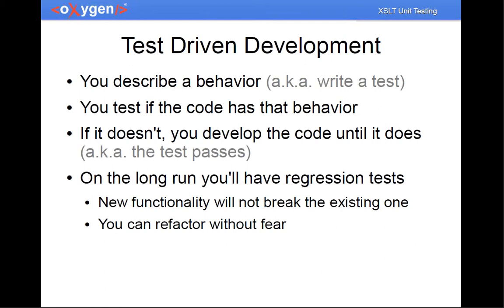And if it doesn't, only at this point will you begin developing the code until it does, which means the test passes. If you develop your style sheets using this procedure, in the long run you'll have a lot of regression tests, all these unit tests that you've created.